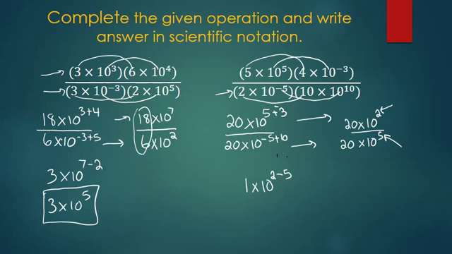Now I combine my exponents, so I get 1 times 10 to the negative 3. To confirm that that is my final answer, does 1 fall, well, between 1 and 10? Or in this case, it is 1. So that is my final answer, 1 times 10 to the negative 3. Or you could write it as 1.0 times 10 to the negative 3.